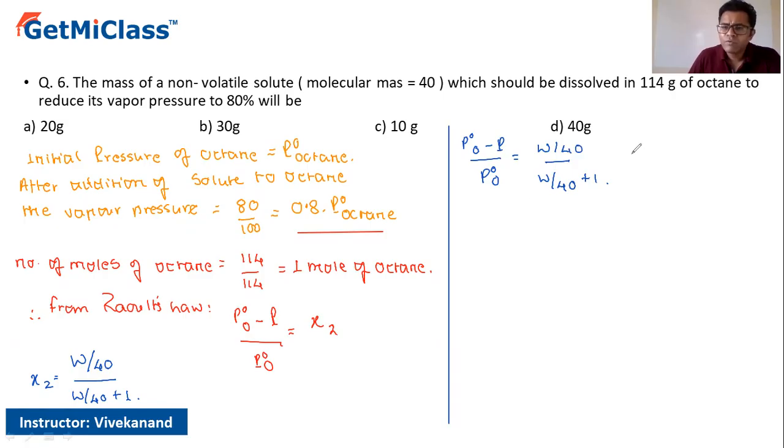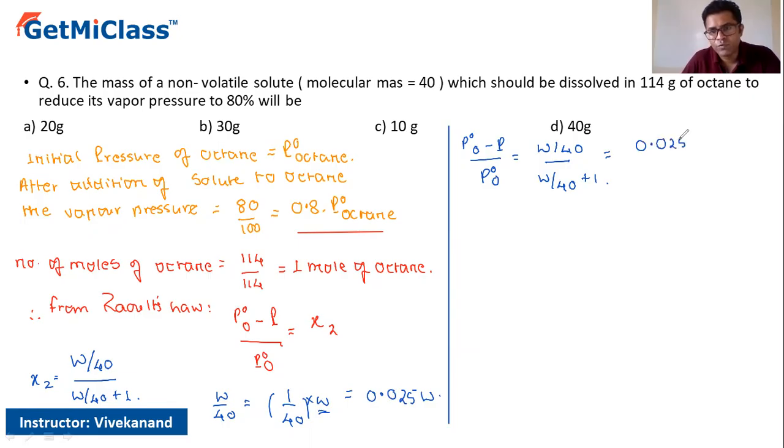Now, W over 40 is nothing more than 1 over 40 into W. 1 over 40 gives a value of 0.025, multiplied by W. So it is going to be 0.025 W divided by 0.025 W plus 1.